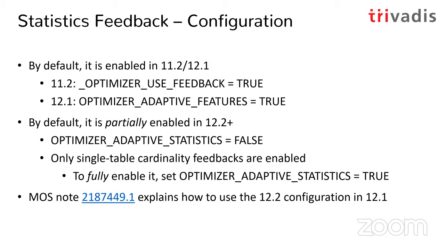But if you want a more in-depth discussion of the different parameters in this area, I have a blog post about it. Check it on my blog. It's a few years old, but I have all the undocumented parameters related to adaptive features. So refer to it and you will get information on which parameters exist and which one to set for what reason.